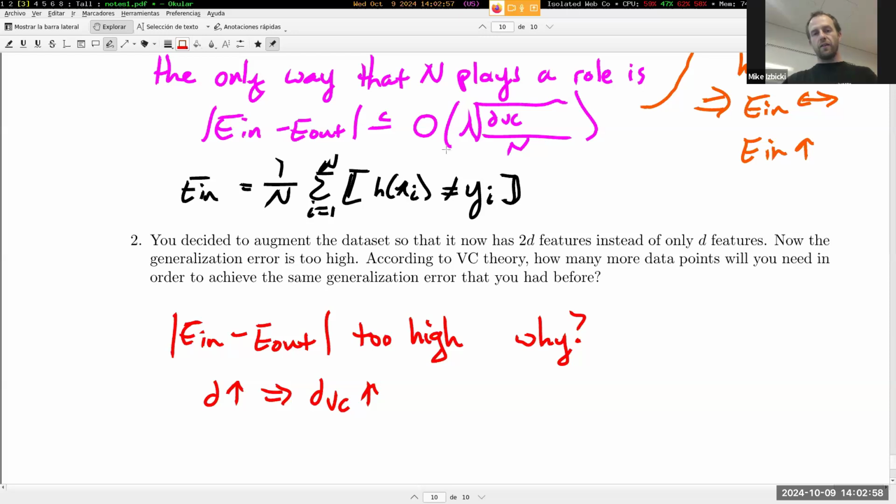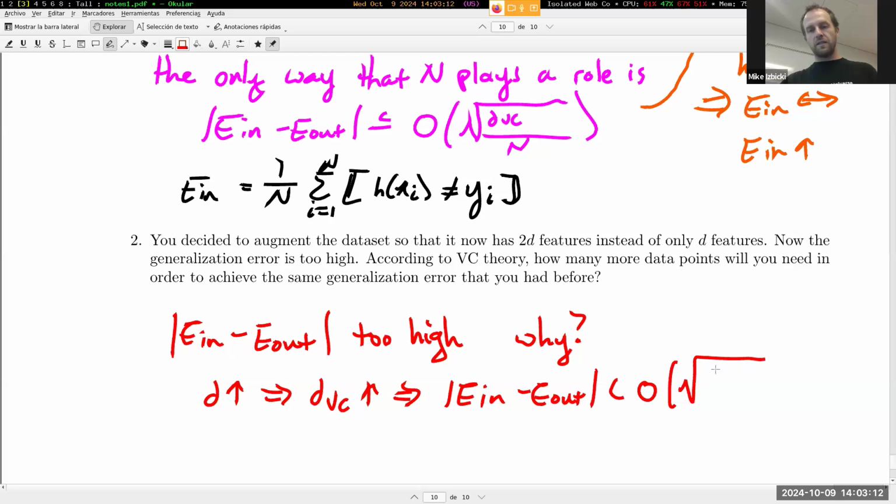And so by the VC dimension generalization bound, E_out minus E_in is bounded by O of the square root of DVC at the top divided by N at the bottom. That thing's going to increase because the numerator increased.